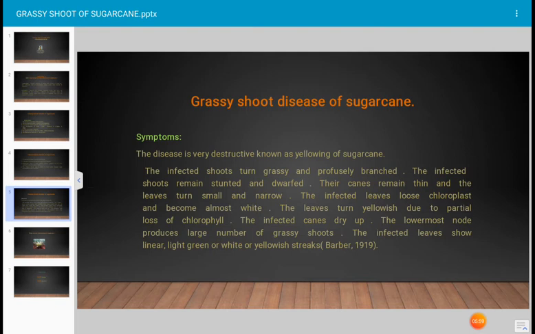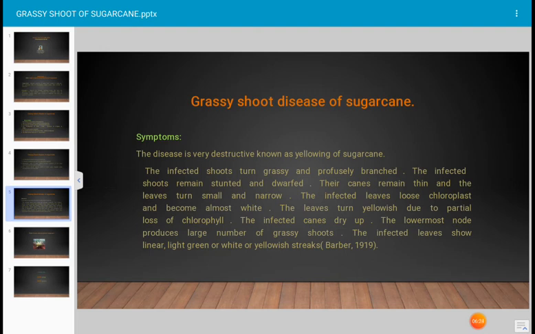The leaves turn yellowish due to partial loss of chlorophyll, and infected leaves practically lose chloroplasts, and gradually all the leaves become yellow in color. The infected leaves dry up, and the lowermost node produces a large number of grassy shoots.